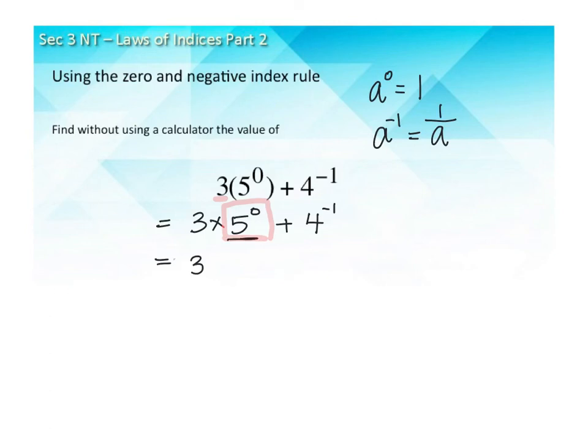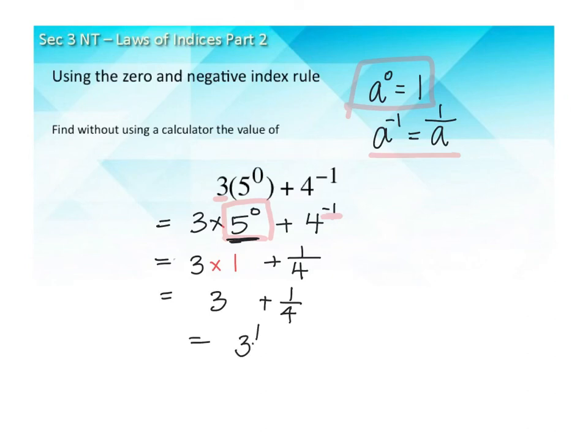And 5 to the power of 0 becomes 1. And 4 to the power of -1 becomes 1 over 4. Simplifying, we will get 3 plus 1/4, which gives us 3 1/4.